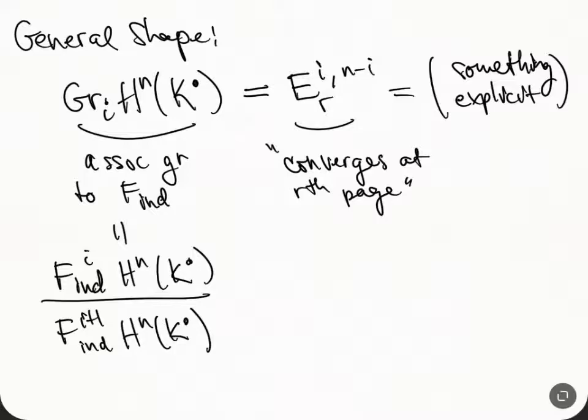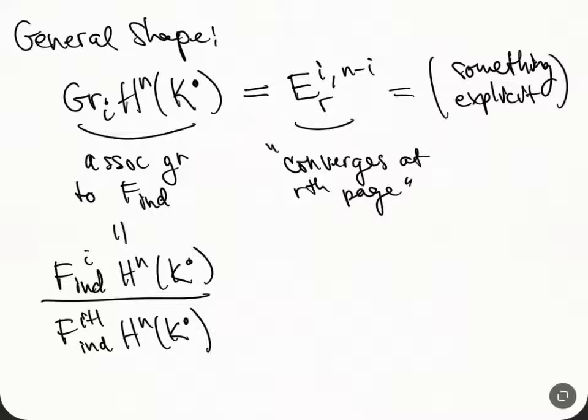So this is the general shape of what these things look like. You have your cohomology, you have some filtration. The filtration gives you an induced filtration on cohomology, and then you can look at the associated graded pieces, and then you have something explicit that tells you what these things are.